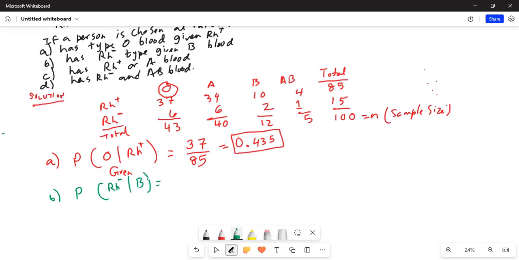Out of the total of B blood, how much is Rh minus? So B blood total is 12, as you can see from this column. And out of which, how many is Rh minus? It's 2 out of 12, which in decimal, 2 divided by 12, is 0.167. So that's the answer for part B.